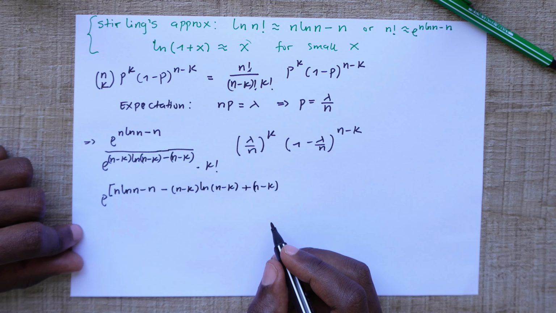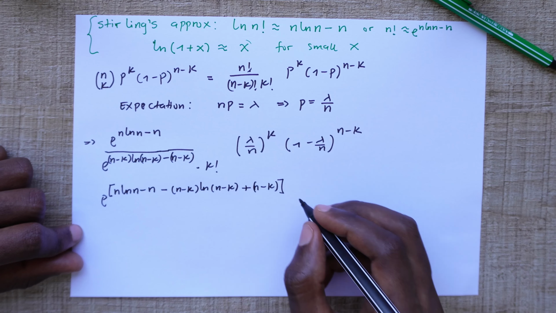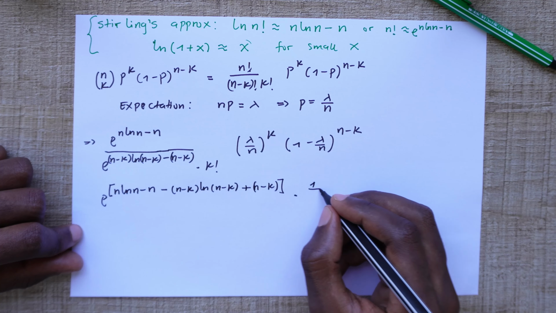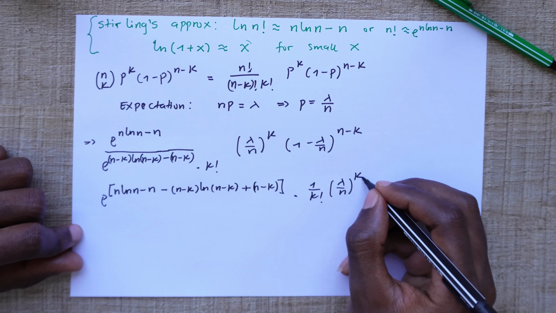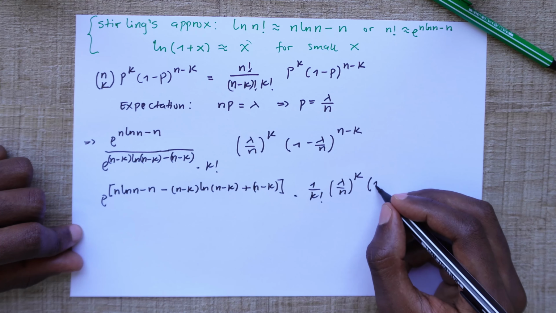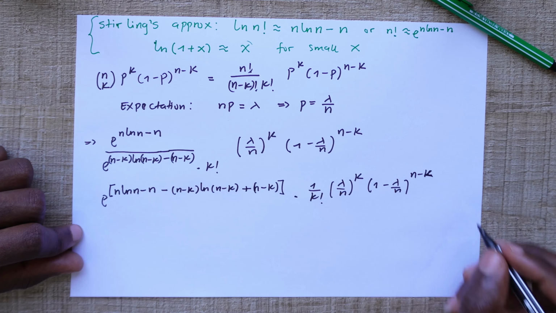Hope you can see that. And then we close this bracket, times 1 over k factorial, and then this expression, lambda over n to the power k, and this expression, 1 minus lambda over n to the power n minus k.